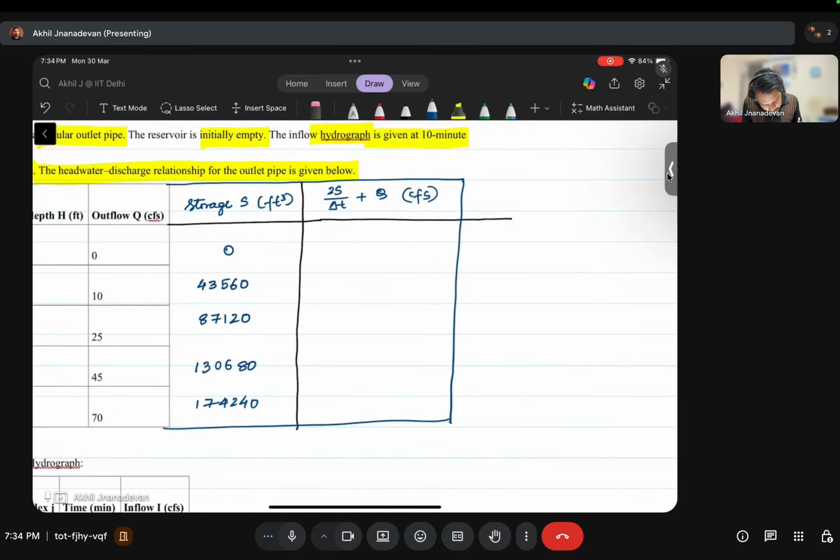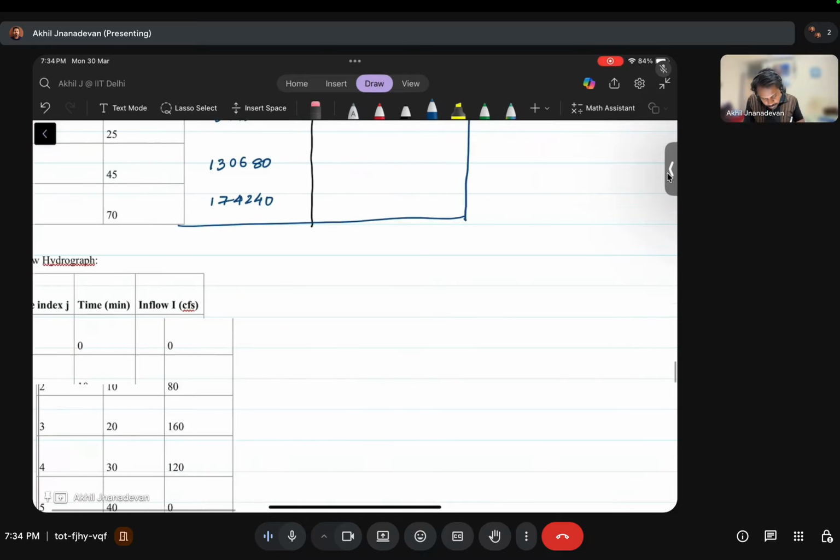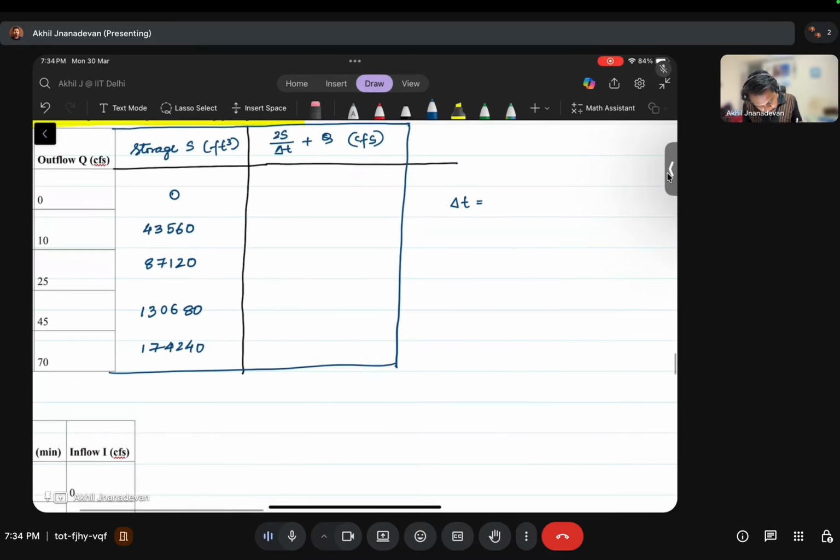Delta t is 10 minutes, and if you convert to seconds, 10 into 60, that is 600 seconds.